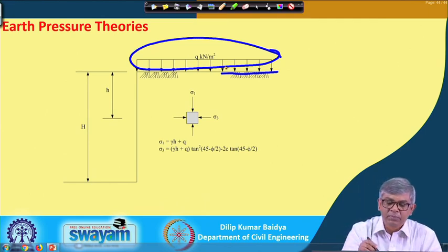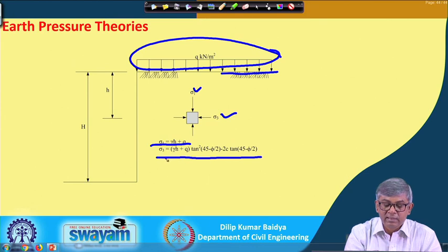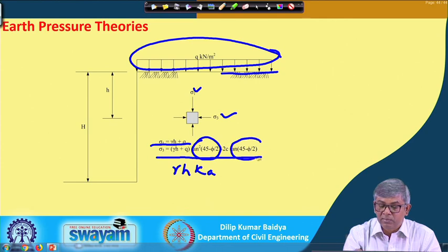So this is sigma 1 because of this loading, and this is sigma 3, the lateral pressure. Sigma 1 we can visualize as gamma h plus q. Without surcharge, sigma 3 is gamma h K a minus 2 c root K a.